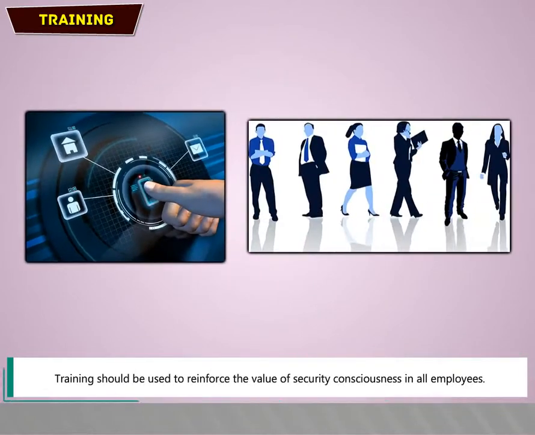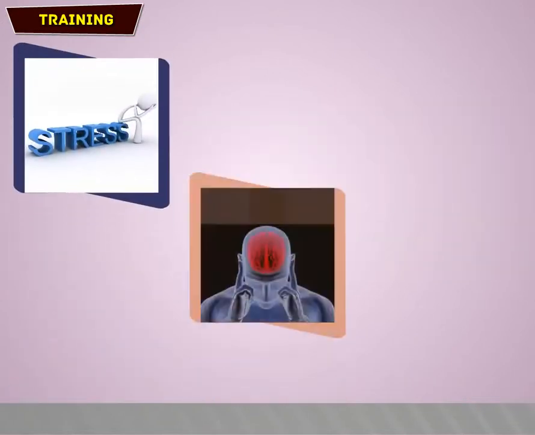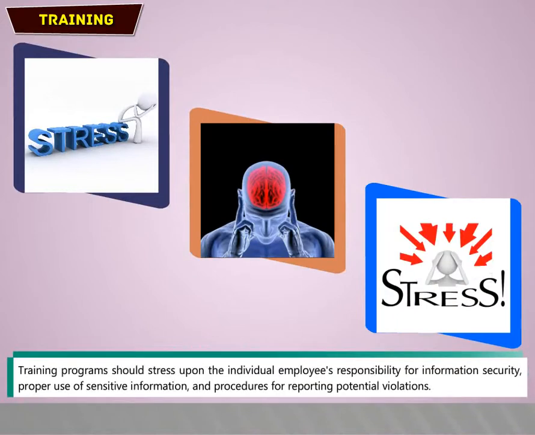Training should be used to reinforce the value of security consciousness in all employees. Training programs should stress the individual employee's responsibility for information security, proper use of sensitive information, and procedures for reporting potential violations.